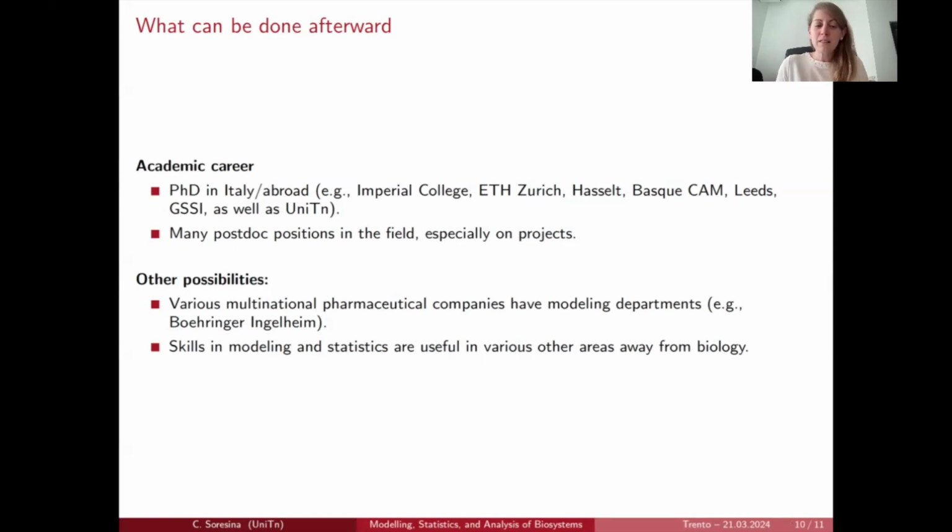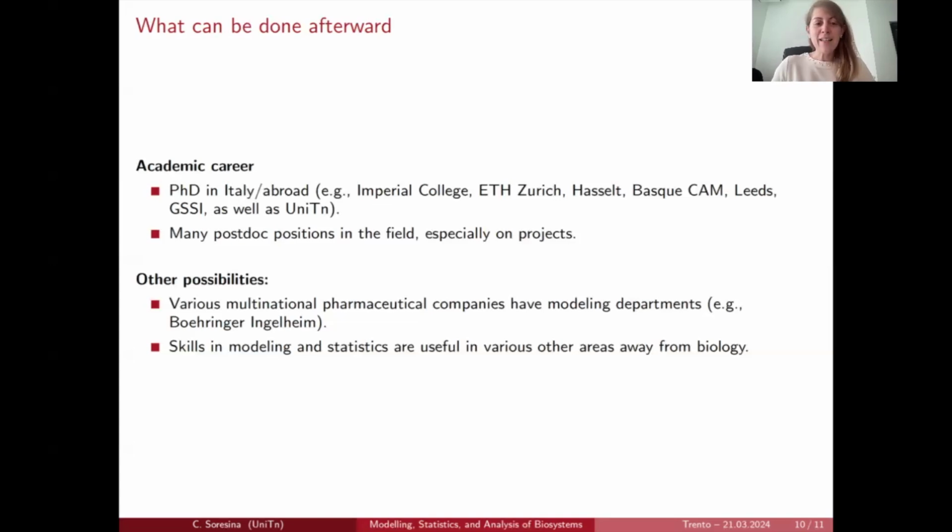Other possibilities are, for instance, pharmaceutical companies. They now have a modeling team. For instance, a colleague of mine is the team leader of the modeling team for a well-known company in Germany.